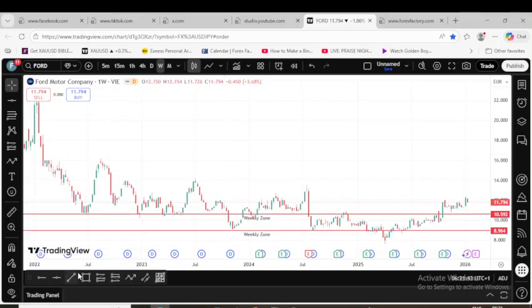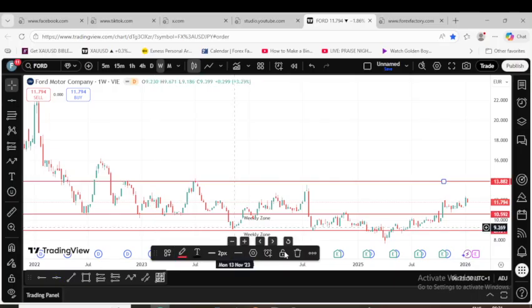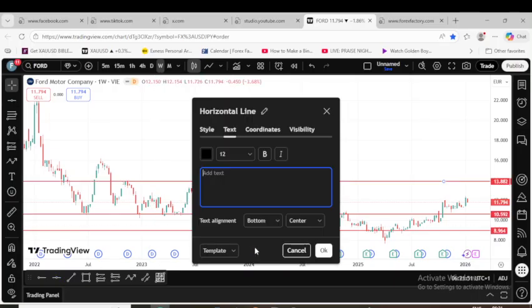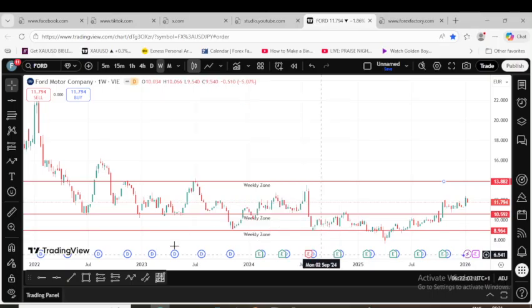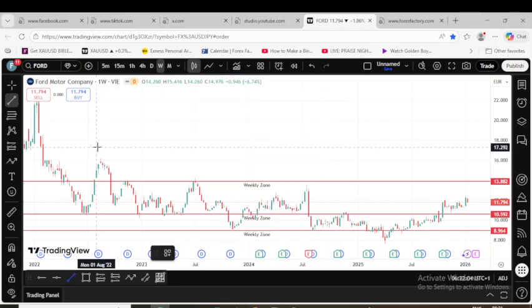Then we can probably draw. Okay, hold on before that. We have a zone here. Another zone here. And then we can probably draw a trend line.